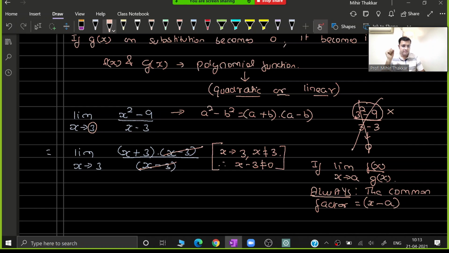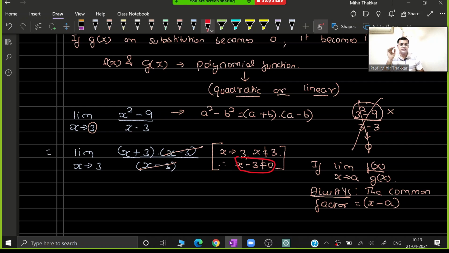Guys, that is our main intention of doing this step, that x minus 3 is not equal to 0, because if x minus 3 becomes 0, we won't be able to factorize it at all. It will be of no use, because on substitution it should not become 0. That is what we want. Therefore, I am cancelling the factor and also writing the reason saying that x minus 3 is not 0.